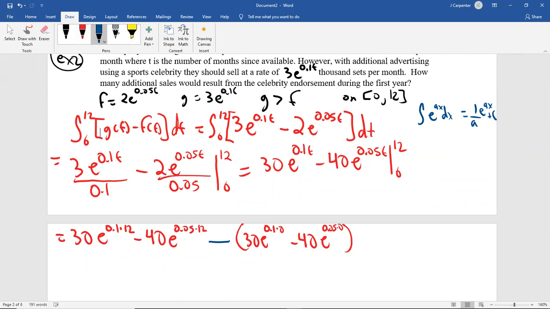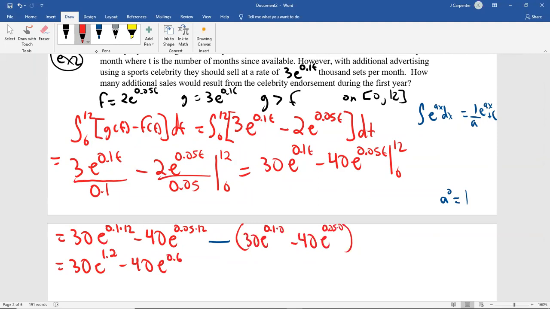Please also remember that anything raised to the 0 is equal to 1. You've got to know your rules. So this will be 30 e to the 1.2, 0.1 times 12 is 1.2, minus 40 e to the 0.6, 0.05 times 12 is 0.6.